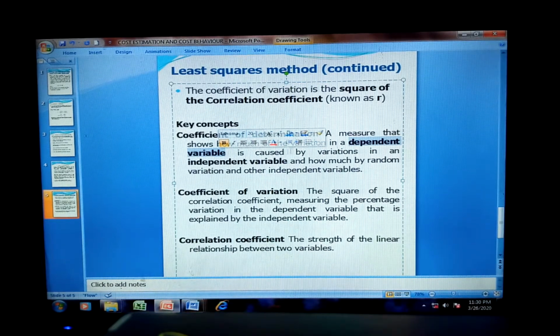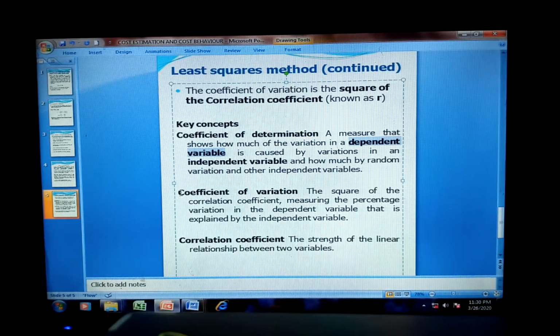So this coefficient of determination shows you the measure of how much the variation in the dependent variable is caused by variations in the independent variable, and how much by random variations and other independent variables, meaning that changes in the dependent variable can be caused by variations in the independent variable, and at the same time can be caused by some other random variations in the other independent variables.